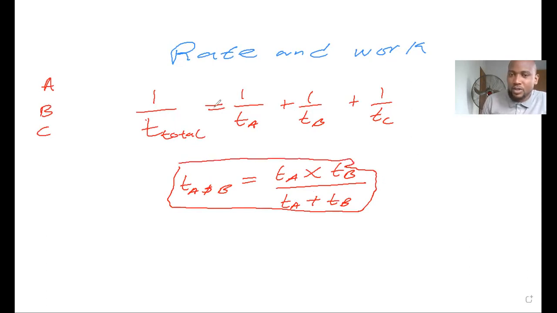When you have several persons, have the earlier formula in mind. It's a very common question on the GMAT and the GRE, so let's see a question like this.